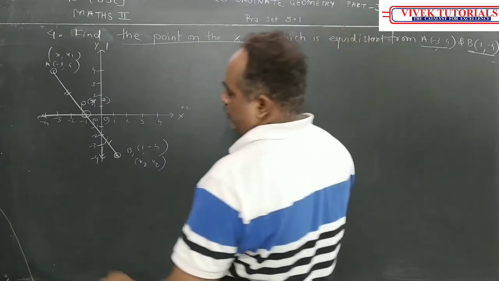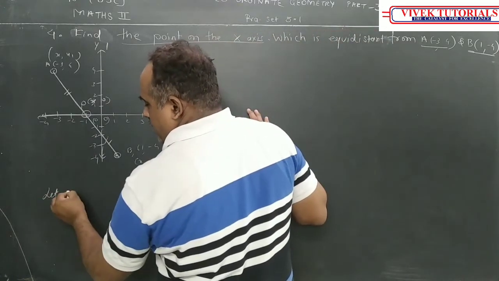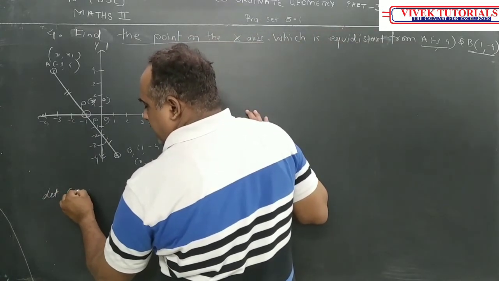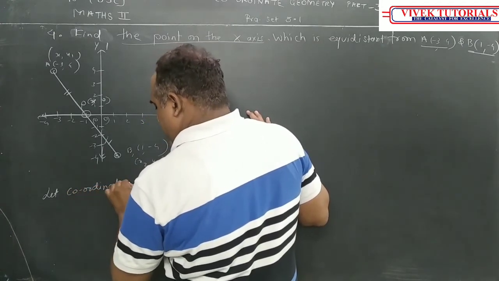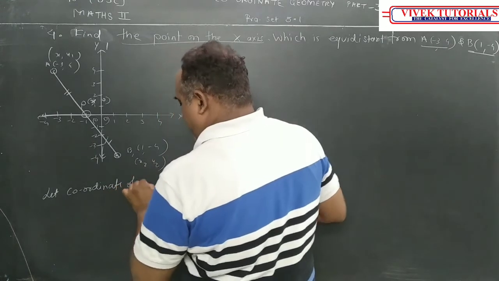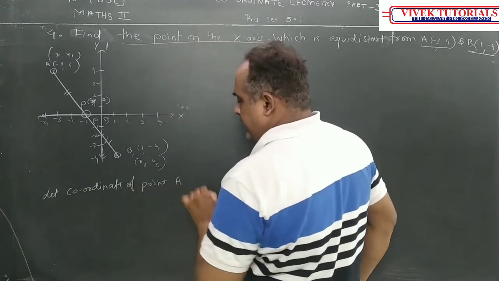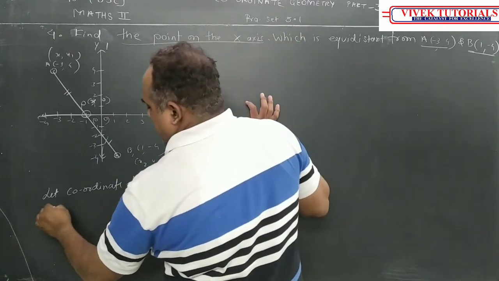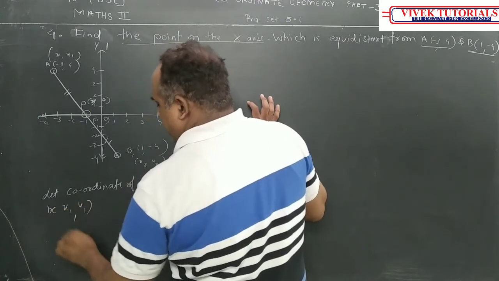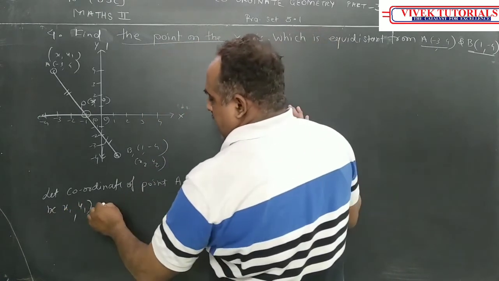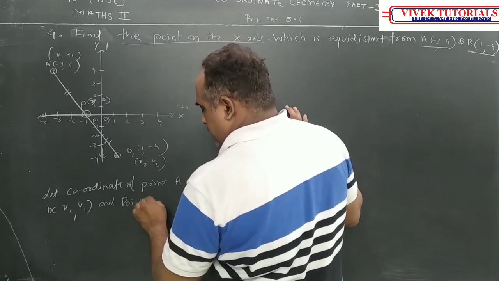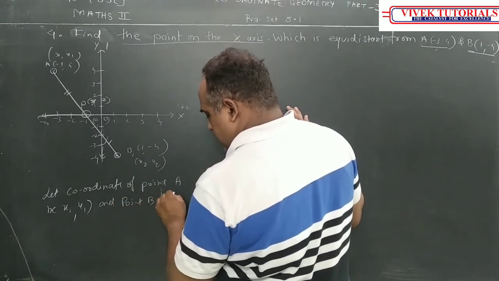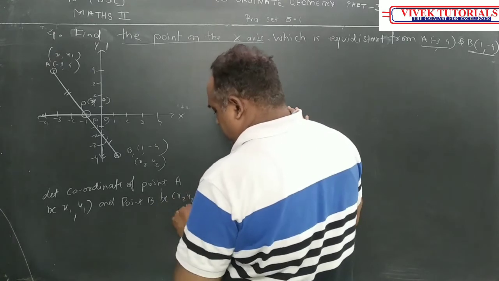So what I'm going to do, let the coordinate of point A be x1, y1 and point B be x2, y2.